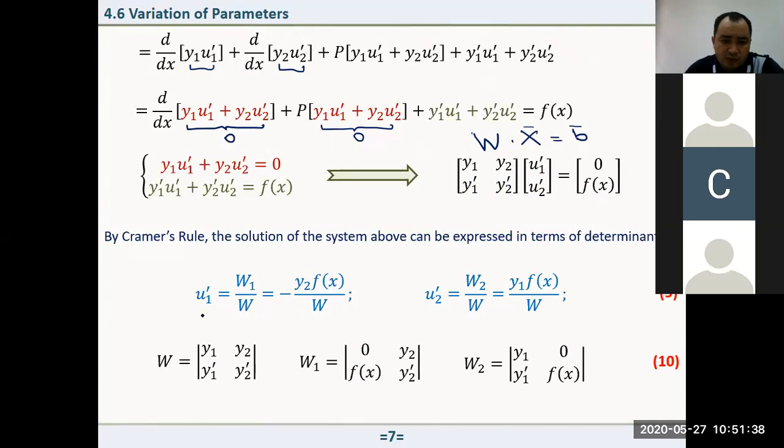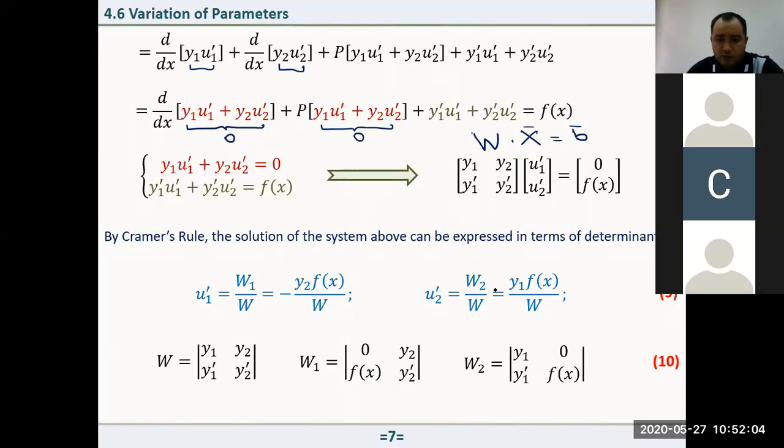At that time, this u1 prime will be W1 over W. What is W1? We now have to evaluate this and evaluate here. And W2 also from here, because this one is 0, right? From here, W1 is cross multiply A times D minus B times C, that is 0 minus y2 times f of x. That's why here we have minus y2 times f of x.